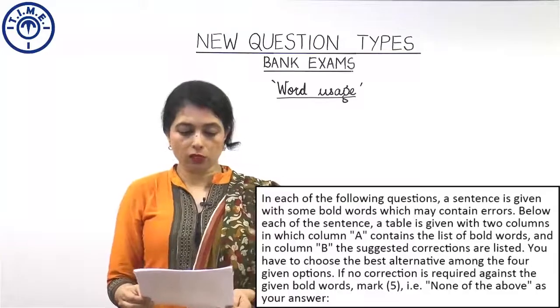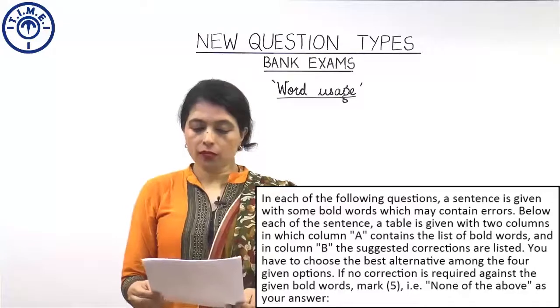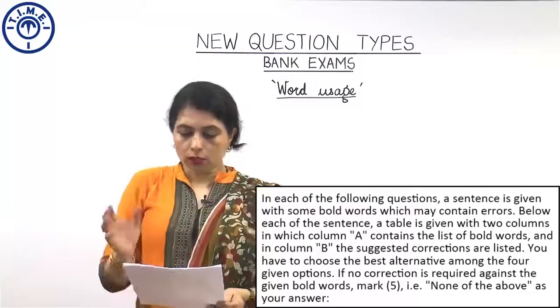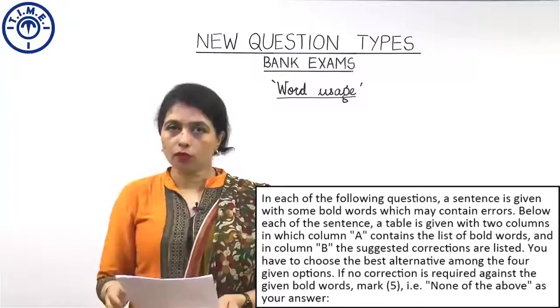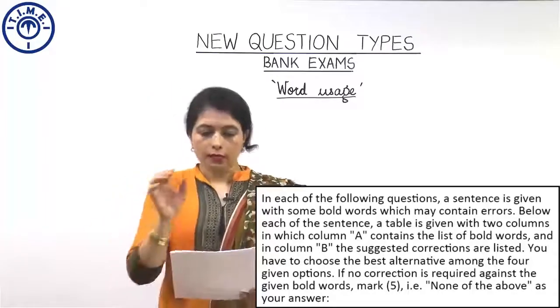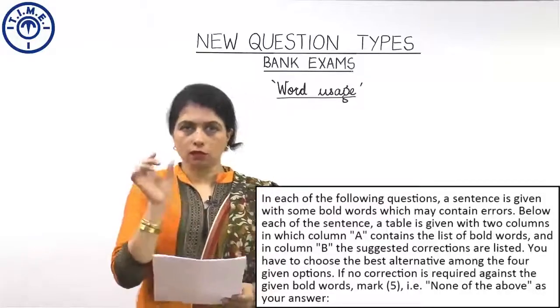If no correction is required against the given bold words, mark 5, that is none of the above as your answer. So, I hope you understood. There is a sentence that will appear on the board for you, and there are 4 words in the sentence, each of which is in bold.